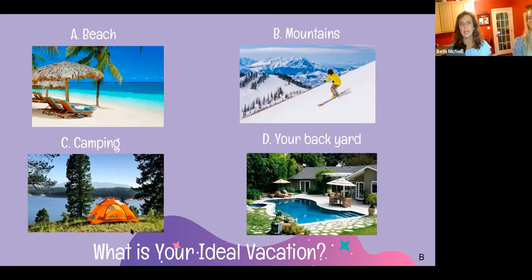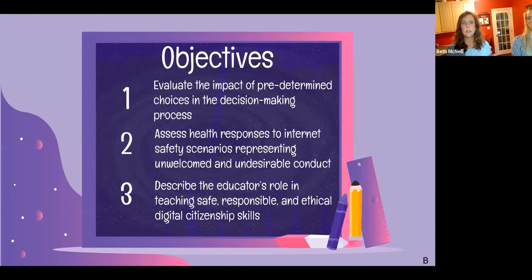Thanks for checking in. What we're going to do today, there's a little delay in this, is go over the objectives and what we hope you walk away from. We're going to take a really close look and evaluate the impact of using predetermined choices in the decision-making process. This is a different perspective when we're talking about teaching students how to make good, healthy decisions.